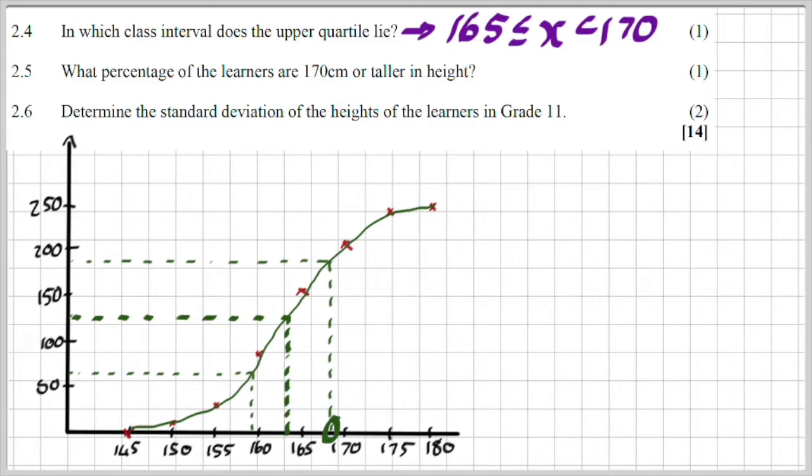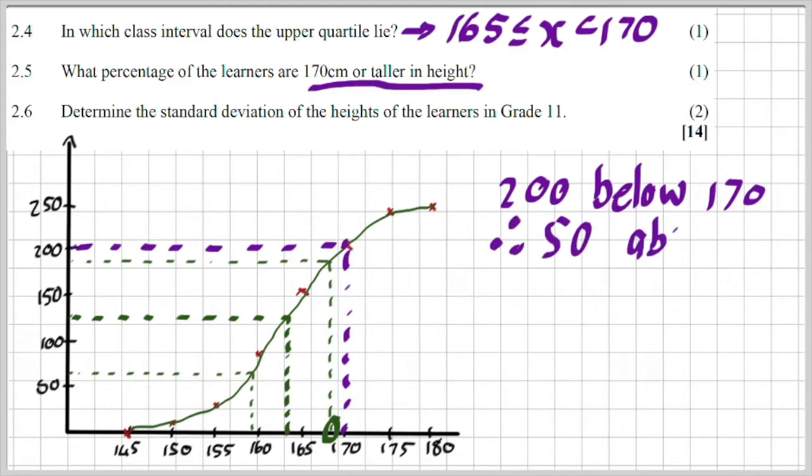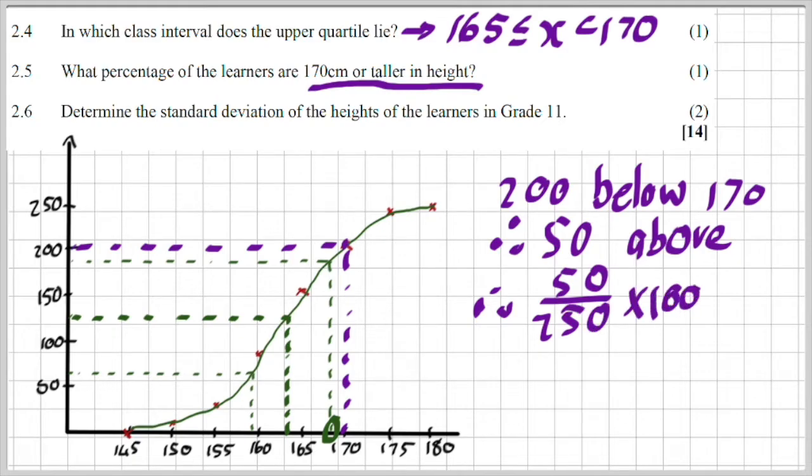So first of all, taking the 170 and finding that there are 200 people below, please get that 200 we're reading off is at 170 or below. So how many people are actually taller than that? Well, 50 people are going to be above that. So to answer the question, 50 out of the 250 times by 100%.